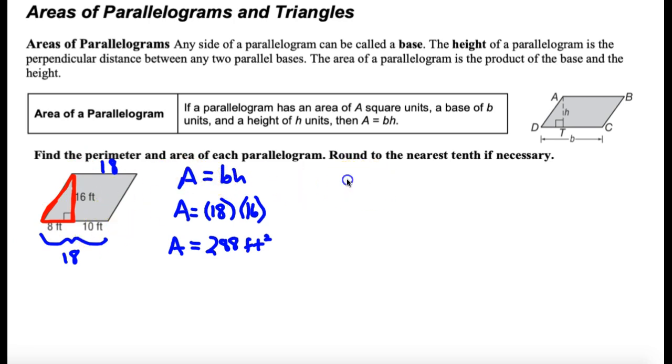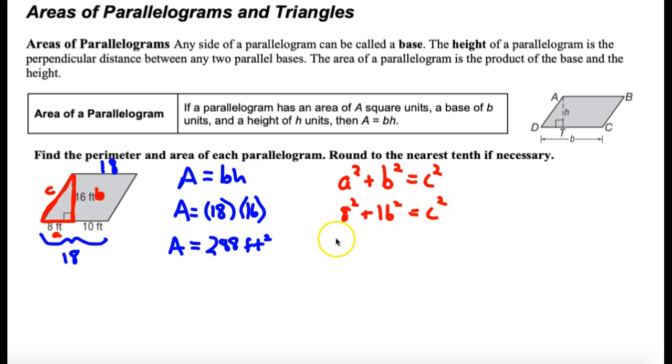Remember, the Pythagorean theorem is a squared plus b squared equals c squared. So, if I want to find this missing side here, I can label my triangle as A, B, and C. And remember, A and B are the two legs, meaning the two sides that make up the right angle. So I can say the 8 and the 16 are my A and B, and then C is my unknown side here. So my setup is going to be 8 squared plus 16 squared equals C squared.